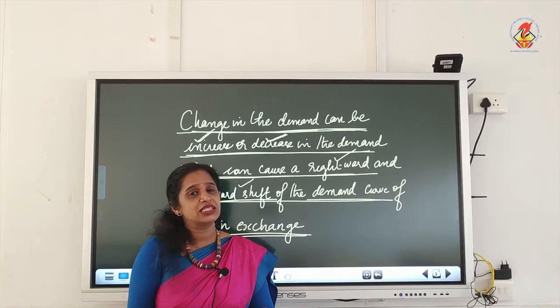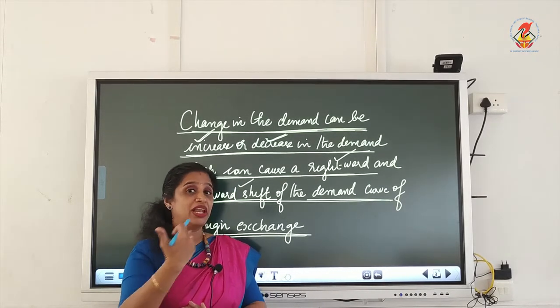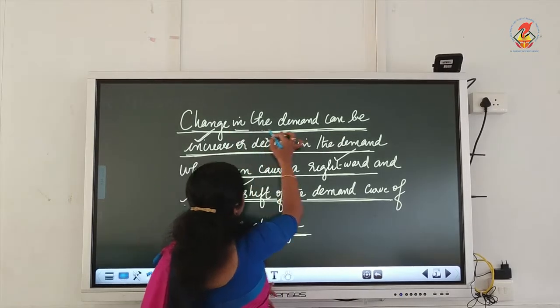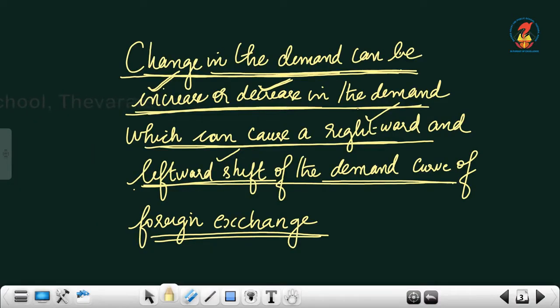If it is a decrease in the demand, how will you represent it? Leftward shift, as you all know. So that is what I have written here. Change in the demand can be increase or decrease, which can cause rightward and leftward shift. So increase means rightward shift, decrease means leftward shift of the demand curve of foreign exchange.